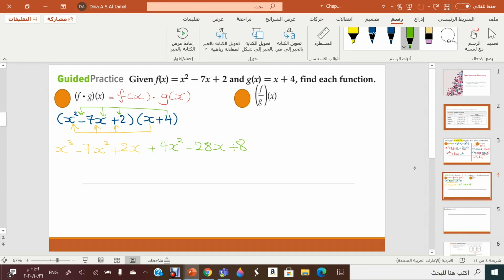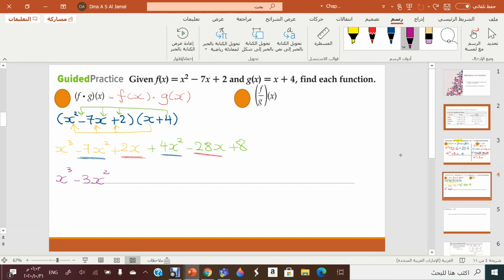these terms and I now have to simplify them and see where the like terms are. So let's underline them, choose another color, and now let's simplify it. x cubed, and here you have like terms, minus 7 plus 4, it will be minus 3x squared.